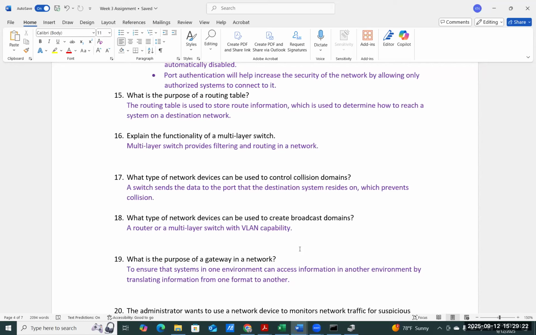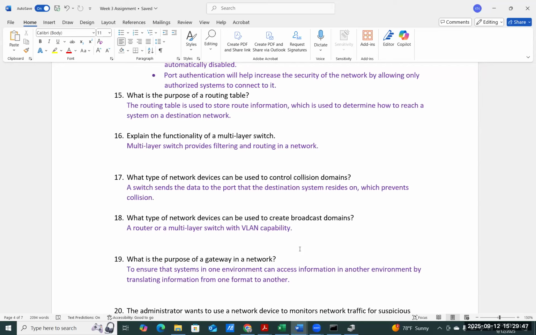It looks at the port that is very busy, where there's a high potential of collision of data or traffic. Then it's going to go to the frame, look at the destination system, and send it to that.